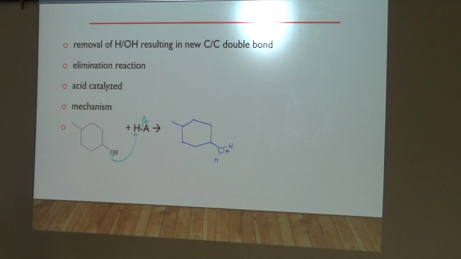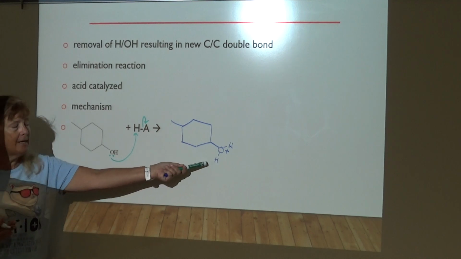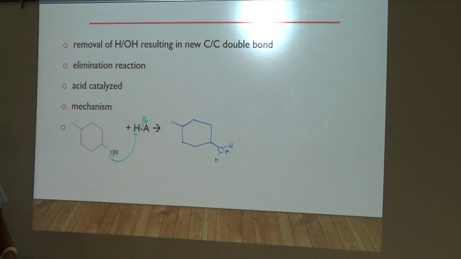That does a couple of things for us. Number one, it gives us a better leaving group. If I were to try to knock the OH off here, it would have to leave as hydroxide. That's much more basic than here, where it would leave us water.